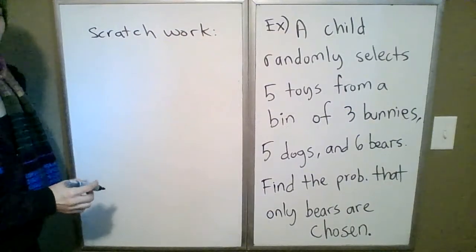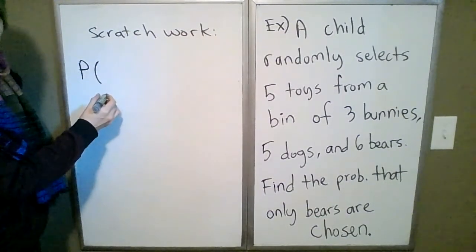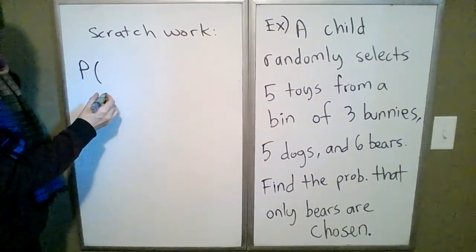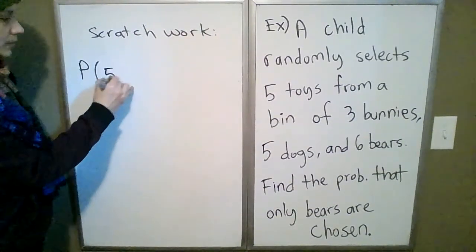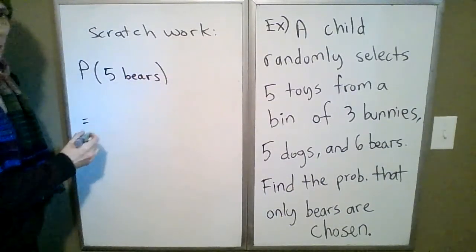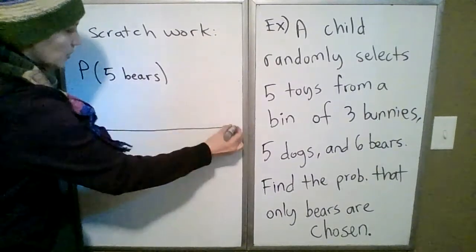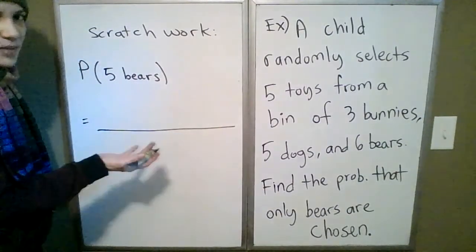You want the probability, P for probability, of all bears or only bears. And we're picking 5 toys from the bin, so we want 5 bears. So we're going to find the number of ways to choose 5 bears and divide by the number of ways to just pick 5 toys.